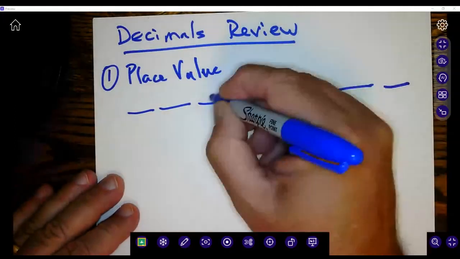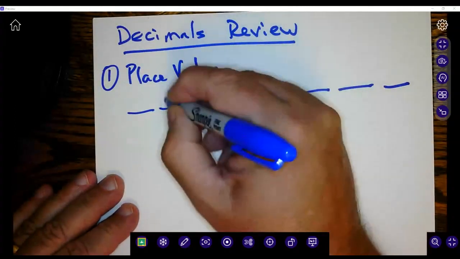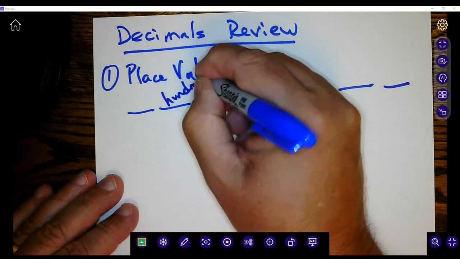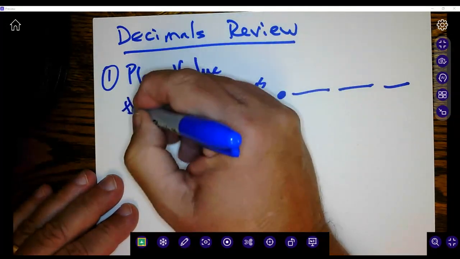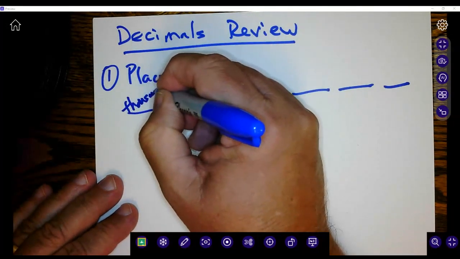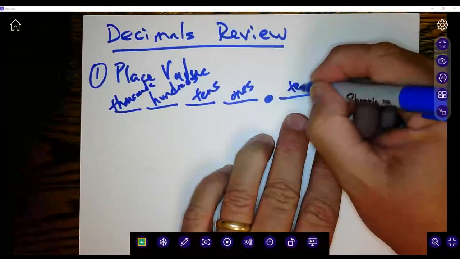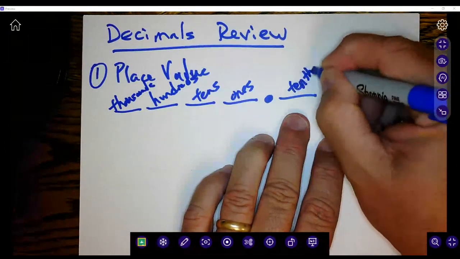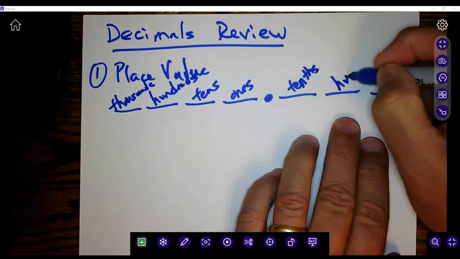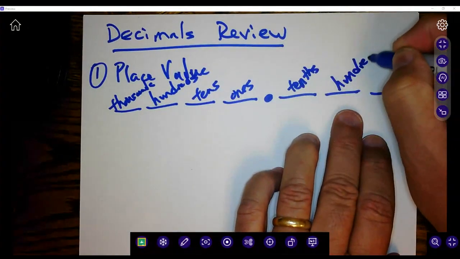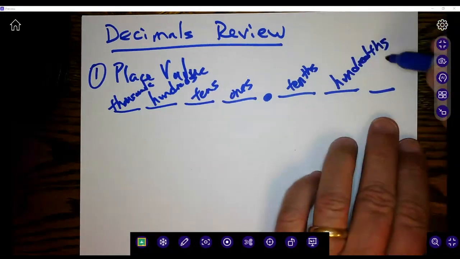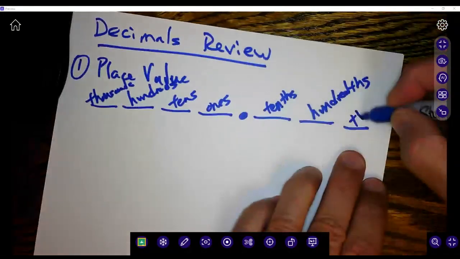This is the ones, this is the tens, this is the hundreds, this is the thousands, then this is the tenths, and this is the hundredths, and this is the thousandths.